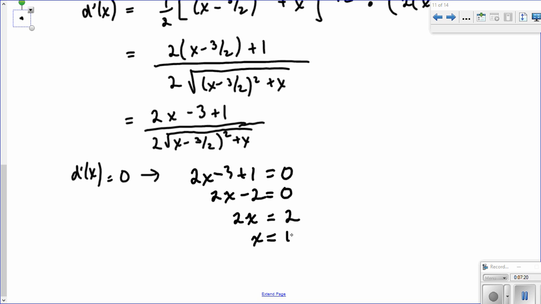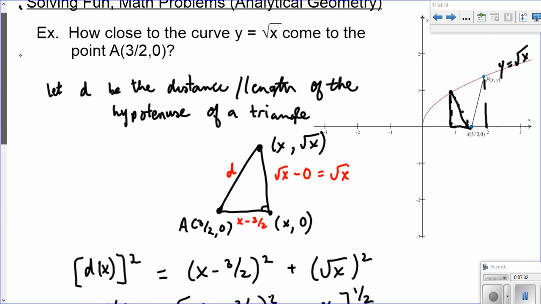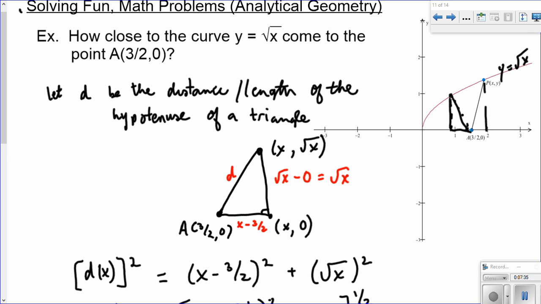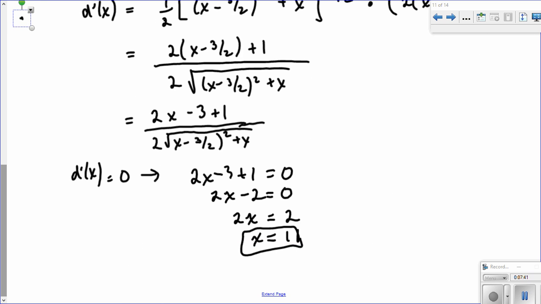X equals 1. Remember that principle that if I have a fraction that equals 0, then only the numerator equals 0. That's the only case. So it's at the point x equals 1. So at the point x equals 1, right here is pretty much this minimum distance, the shortest distance possible.